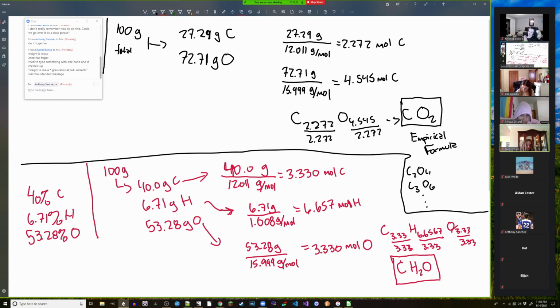Beautifully done, everybody. Now, that's the empirical formula still. We don't know. It could be some other formula. If I look at my periodic table really quick, C, H, and O. Oh, that could be formaldehyde.